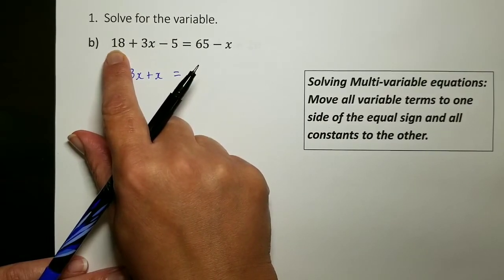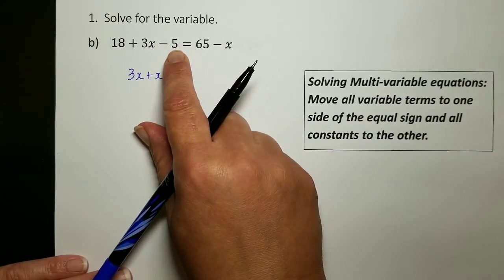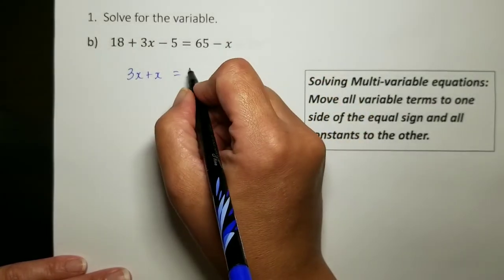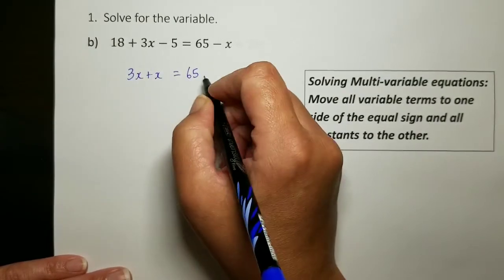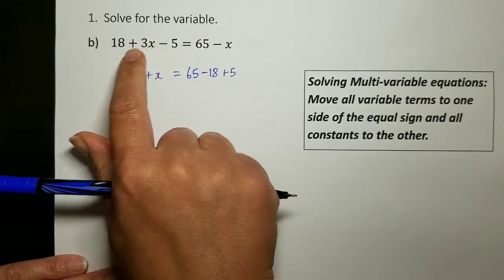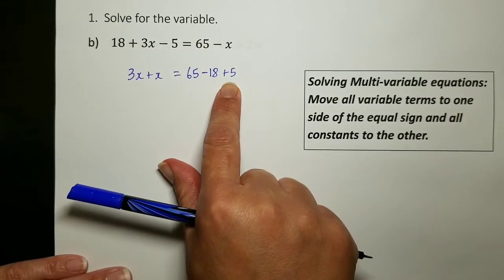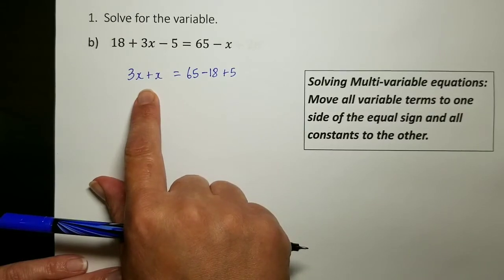I would do minus 18 here and it would zero pair. I would do plus 5 to get rid of a minus 5 and that would zero pair. But I'm not going to show it on the left. I'm just going to show minus 18 and plus 5. So these are the opposite operations that would have happened over here, and I'm just not showing each one.